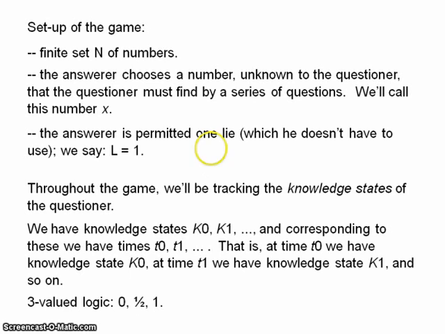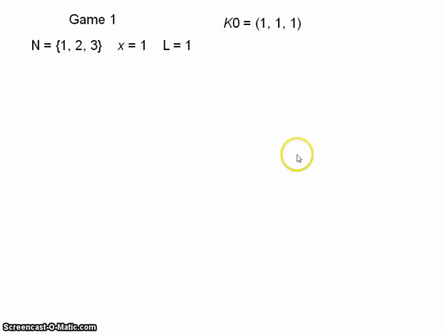So let's consider a particular game. In our first game, the search space is the set 1, 2, and 3. Our target number x is 1, and we will allow the answerer to give 1 lie. Now, the knowledge state is a vector corresponding to N. So the first knowledge state, K0, is 1, 1, 1, and this corresponds to N: 1, 2, 3.